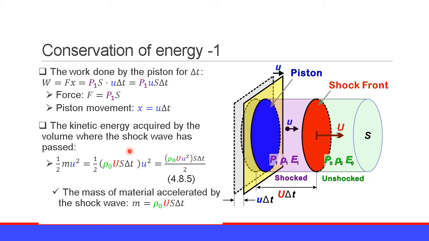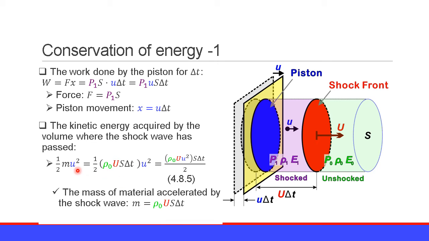This work should be balanced by the kinetic energy acquired by the volume where the shock wave has passed, which is 1 over 2 times m times u squared. m is the mass of the material accelerated by the shock wave, this region, which is equal to rho 0 times large U, the shock velocity, times delta t.